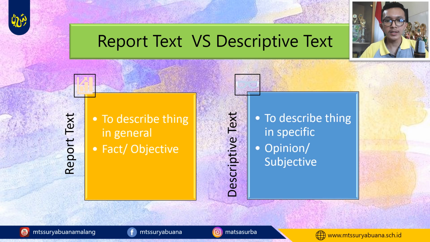The second difference: report text talks about fact, so the characteristic of this text is objective. How about descriptive text? The content of descriptive text is about opinion, so the characteristic of this text is subjective.